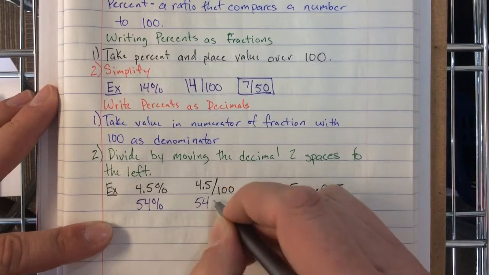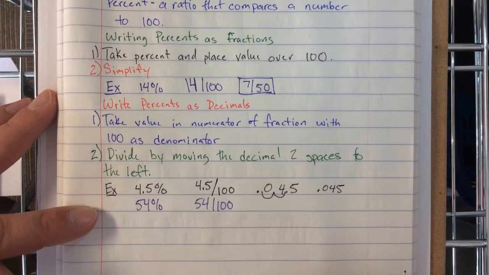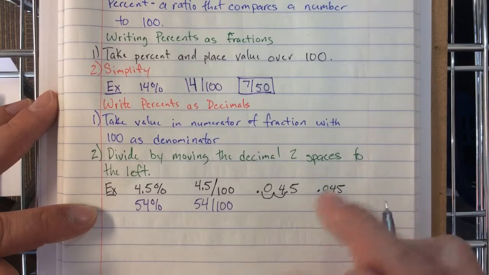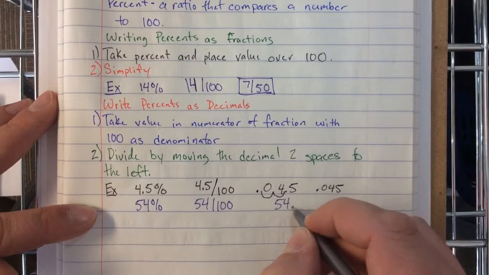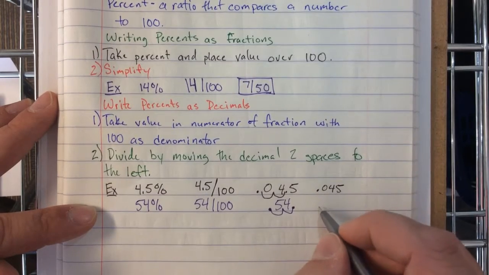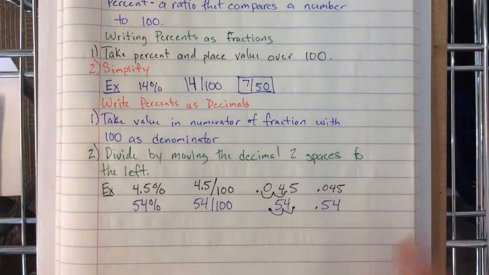So we have 54 over 100. And why is that, Michael? So our decimal was originally right here, and we're going to move it 2 spaces to our left, creating 0.54 for our decimal, which is equivalent to 54%.